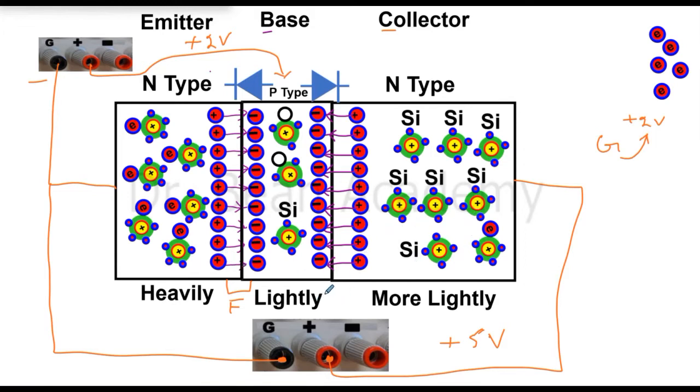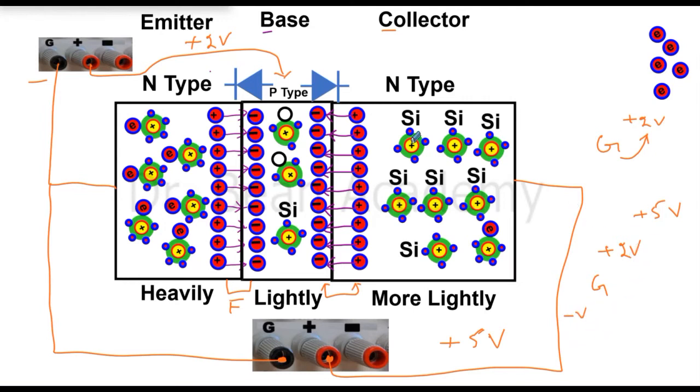Now come to the second junction, which is the base collector junction, and let's see what happens with this junction. The n-type or collector side of this junction is at plus 5 volts, and then the p-type side or base is at plus 2 volts potential, and then we will have ground, and then after ground we will have negative voltages.